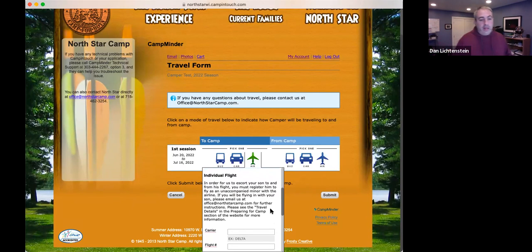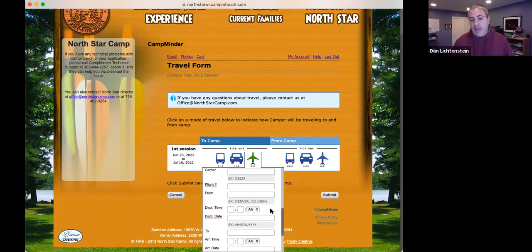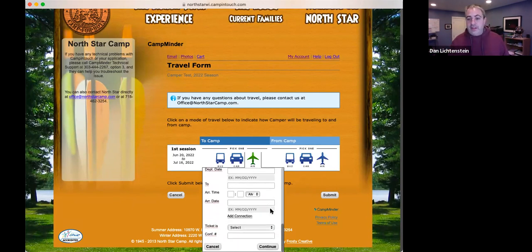And we need full air information for them. Even the confirmation number, all this information is really helpful for us when we go to the airport to get gate passes to meet your camper. So we do need full information.